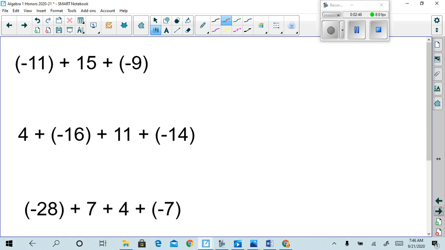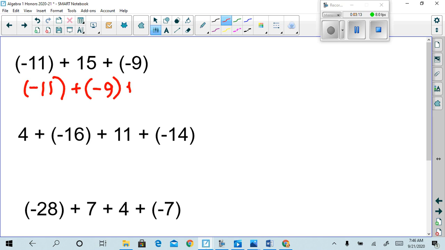So now let's do some calculating. When I look at these problems, I have more than two addends, so I have to think about what the sign will be, and I also have to do the calculation. Now, it might be to your advantage to write the like signs together, and the commutative property says I can move this -9 over.